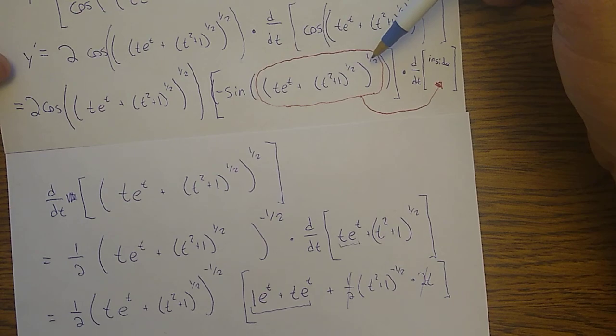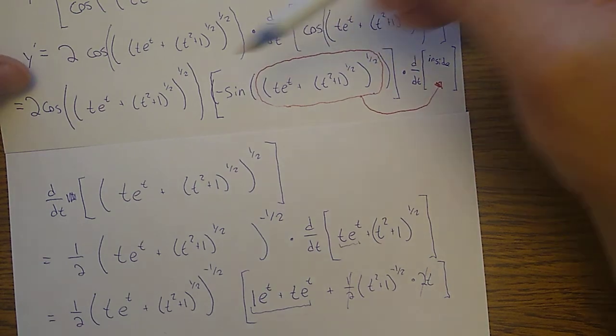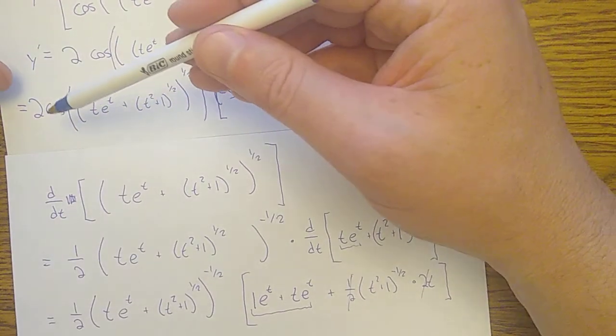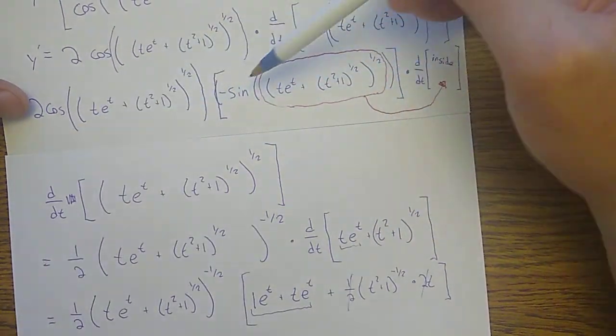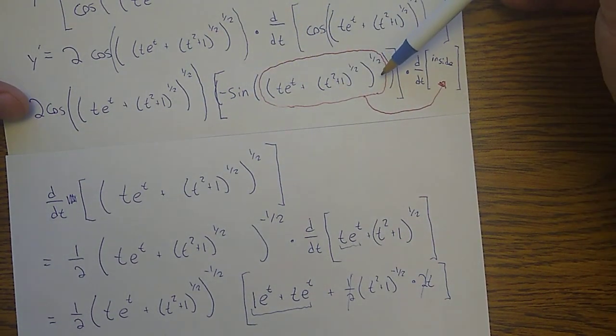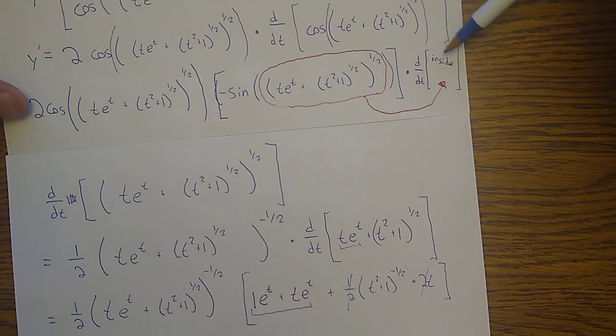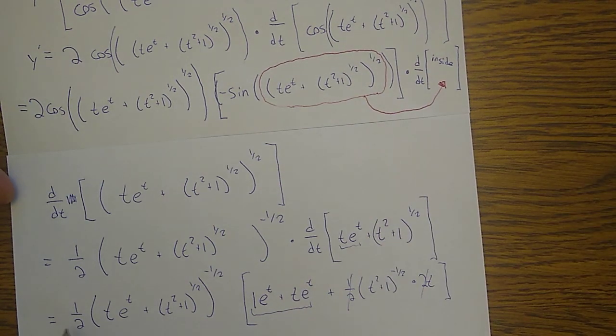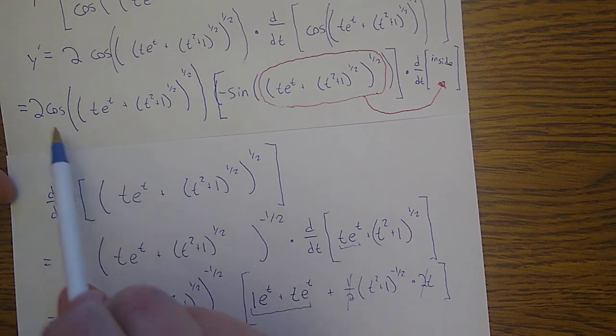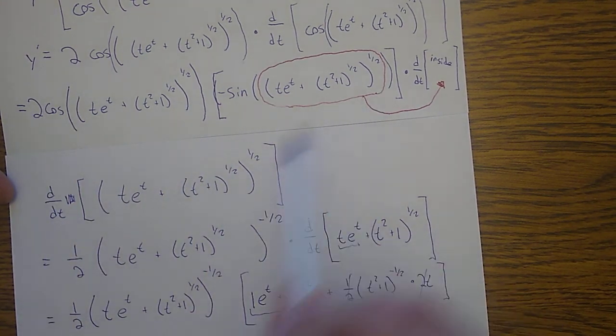And so let's just assemble my final answer. All I had was I had 2 cosine of this times negative sine of the same thing, and then the derivative of the inside, which is all of that. So my final answer is just going to be this times all of this.